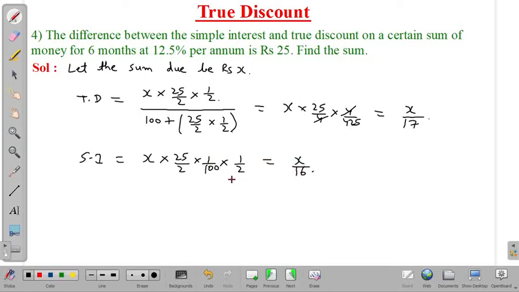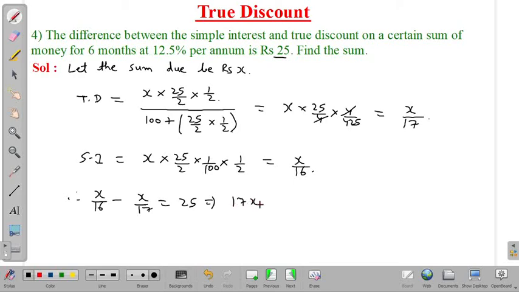Okay, now the difference between simple interest and true discount is given as rupees 25. Therefore x by 16 minus x by 17 equal to rupees 25. So taking LCM of 16 and 17, we will get 16 into 17.